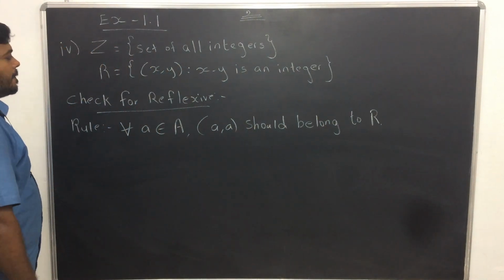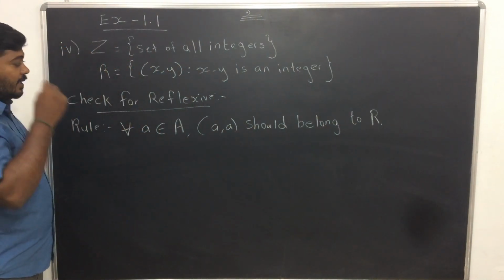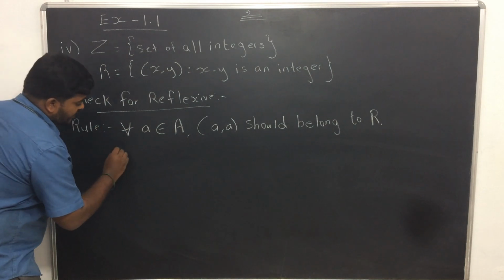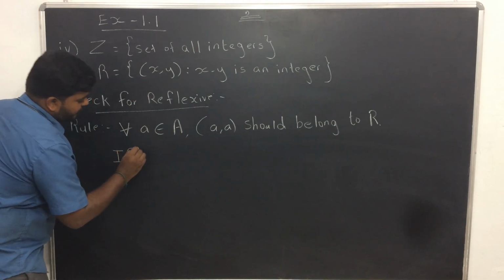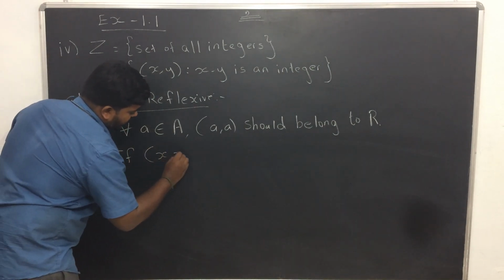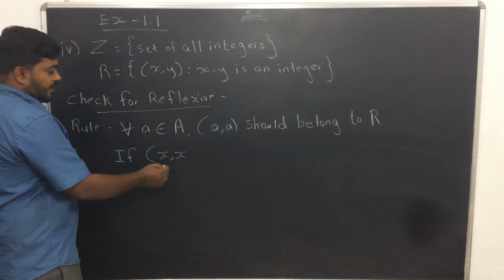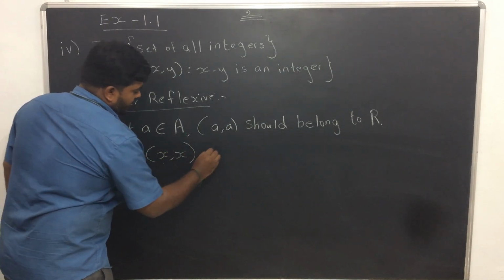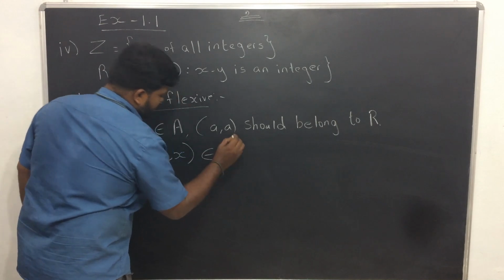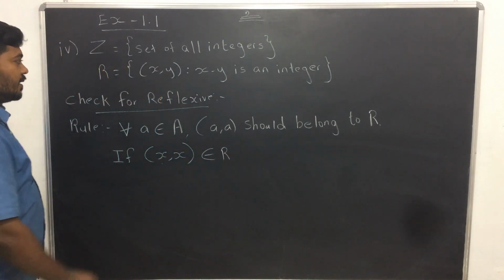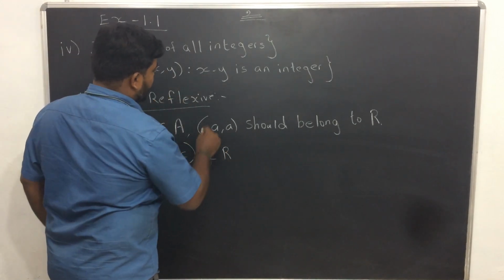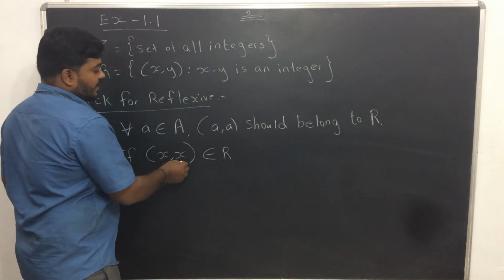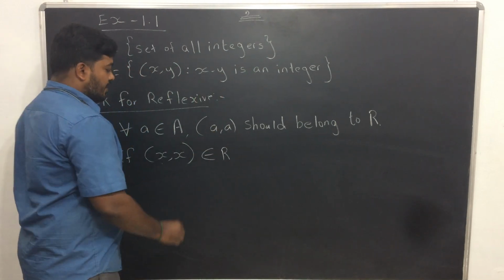Now, in this case, if x comma x belongs to the relation R, we will talk in terms of x and y, then what does it imply? It implies that x minus x is an integer, right?